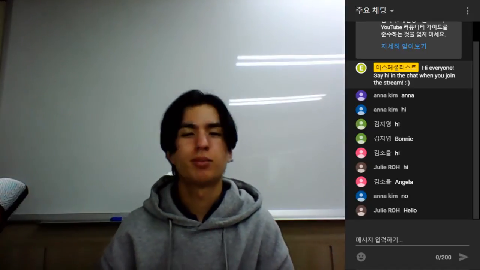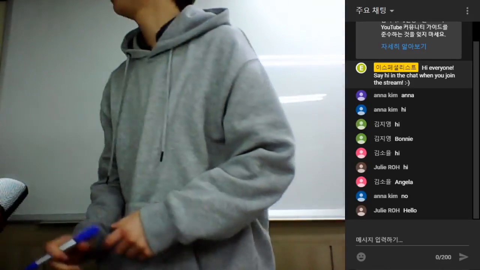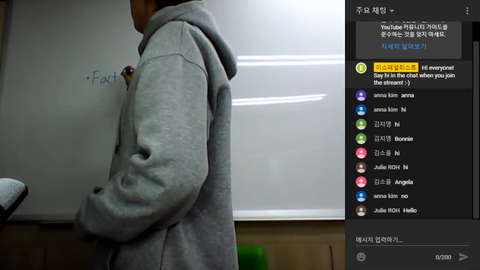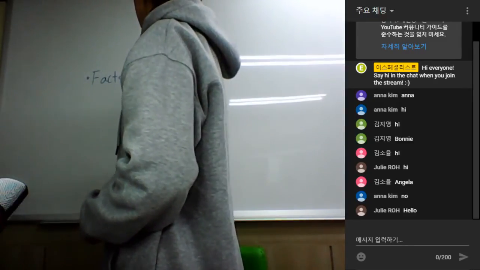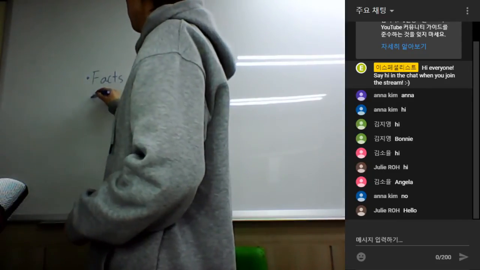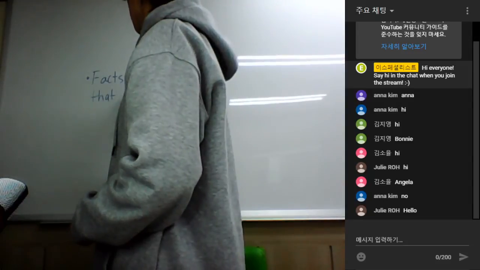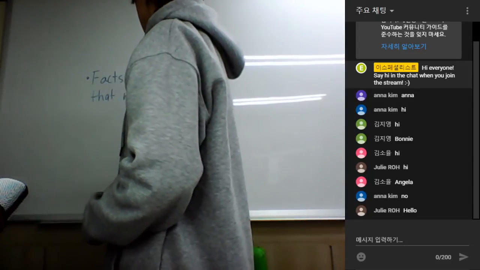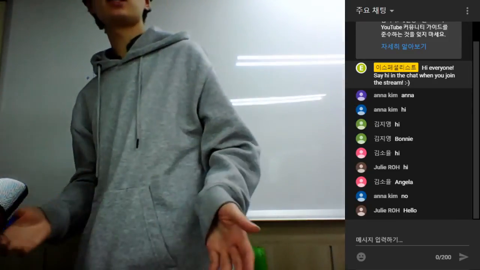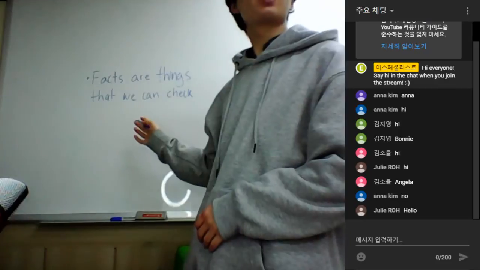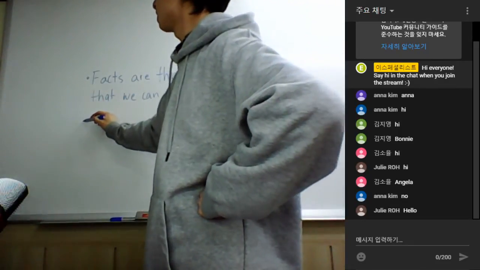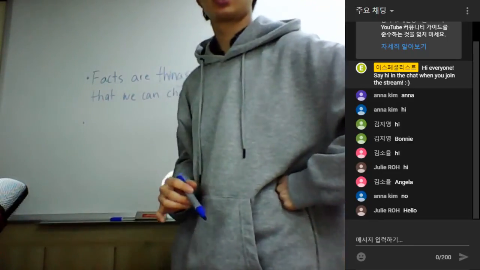I'm going to write this on the board. Facts are things that we can check. That's what's important. Now, if facts are things that we can check, then obviously an opinion is something we cannot check.